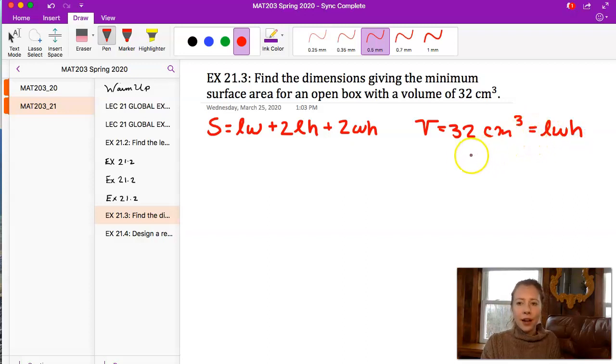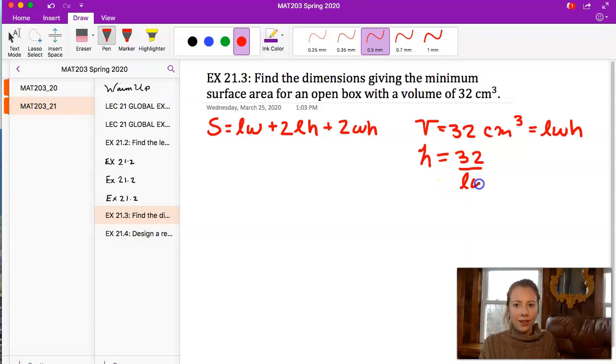It doesn't really matter which one you solve for, but we want to reduce the number of variables that we have. So let's just say here that H is equal to 32 over LW. This way, we're trying to minimize a function of 2 variables rather than 3 variables.